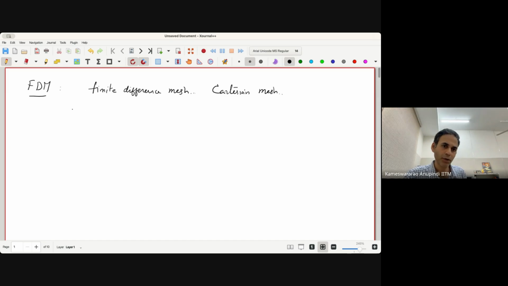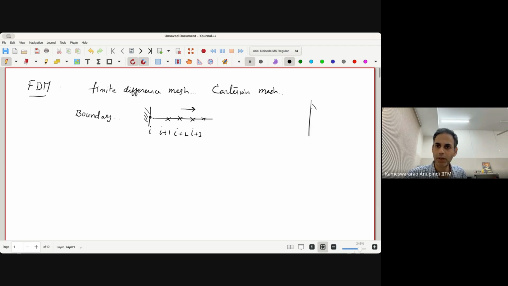When you are closer to the boundaries, you have points only on one side of the domain. Let us say if this is I, you only have I plus 1, I plus 2, I plus 3, and so on, only on this side.